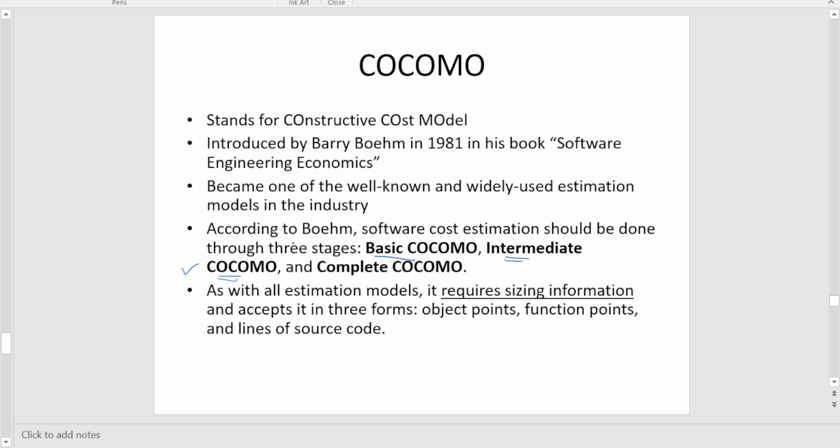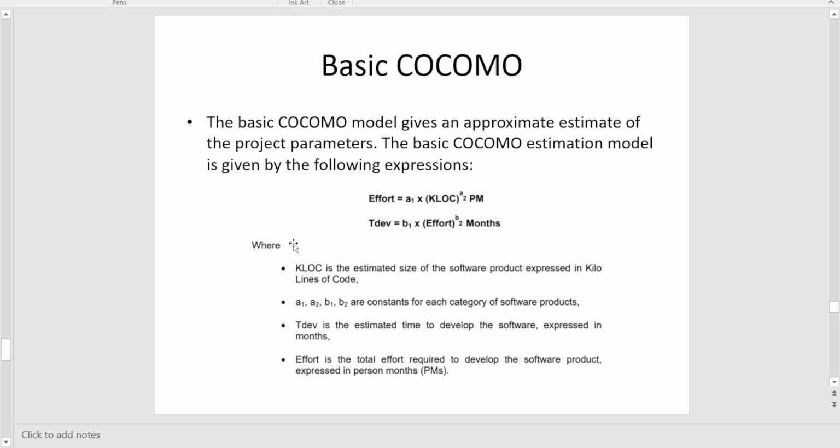Now, starting with the basic COCOMO model. The basic COCOMO model gives an approximate estimation of the effort and time. It says that the effort and time generally depend upon the lines of code. The basic definition of the effort given by basic COCOMO and the time given by basic COCOMO is that the effort is A1 times KLOC raised to the power of A2 person months.